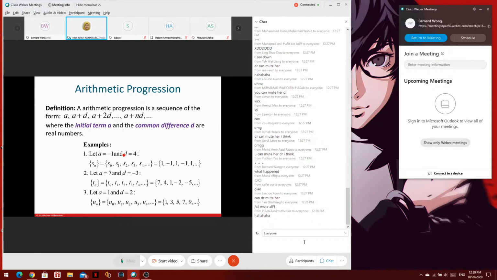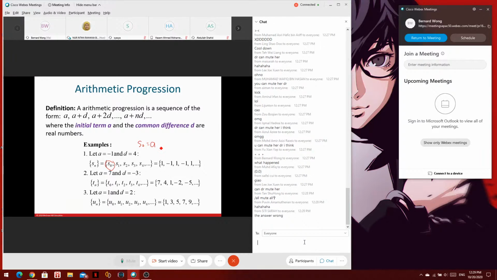Example number 1: let a equal -1 and d equal to 4. So when you have s_0 equal to a, now you're confused already. Yes, the answer is wrong.